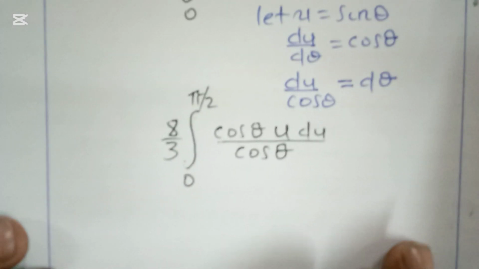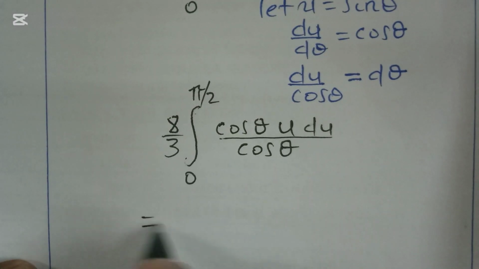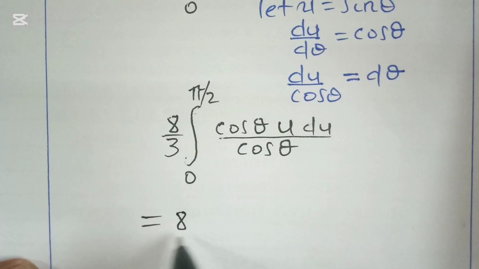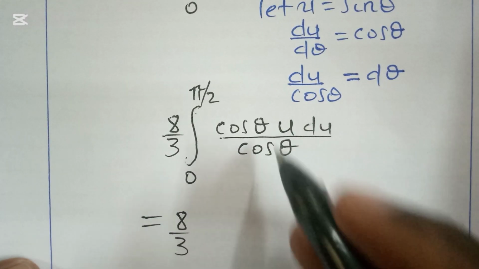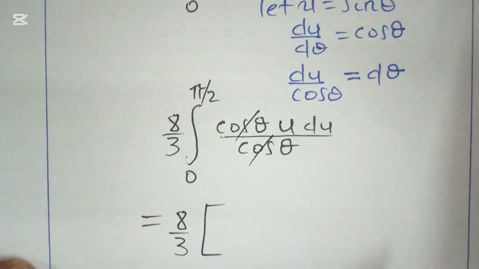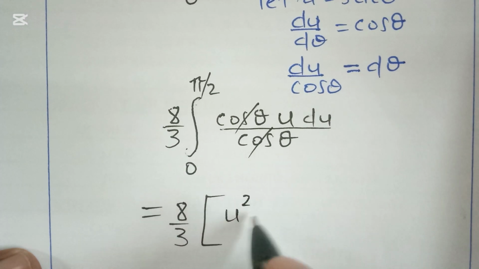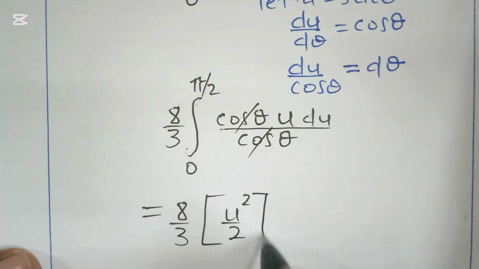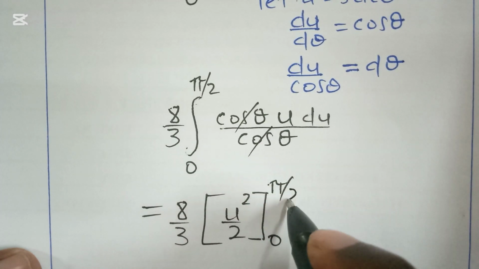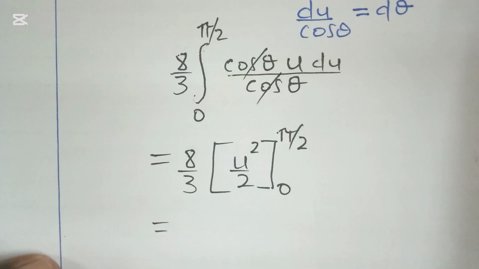So this is going to give us 8 over 3, and this is going to cancel. So we are now left with u. You integrate that from 0 to pi over 2. So when you do that, you get 8 over 3.